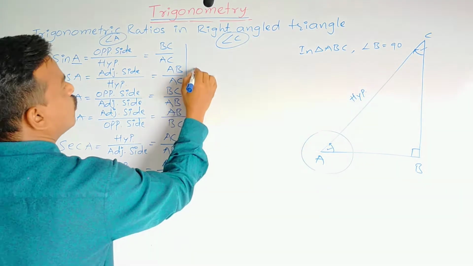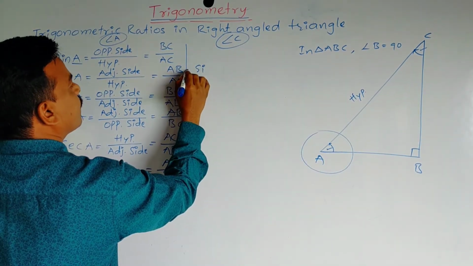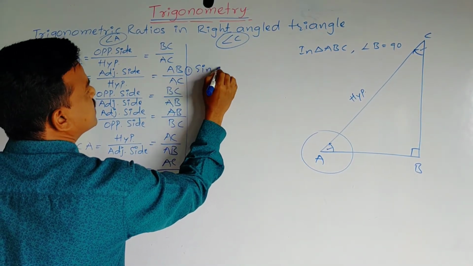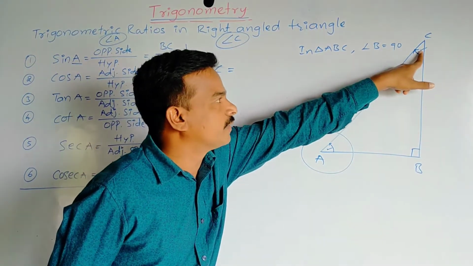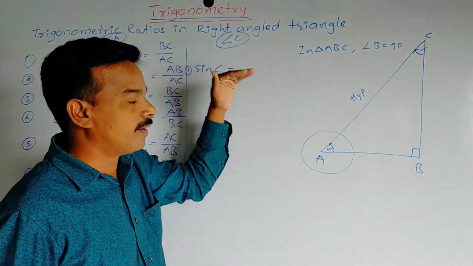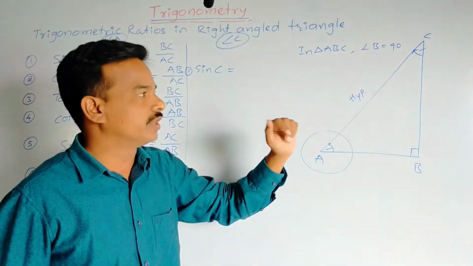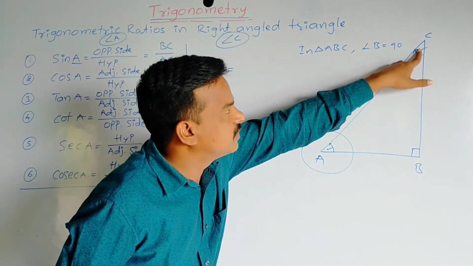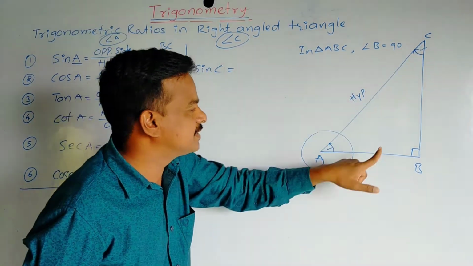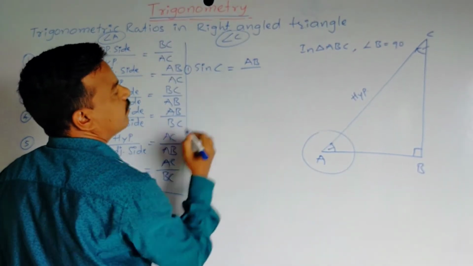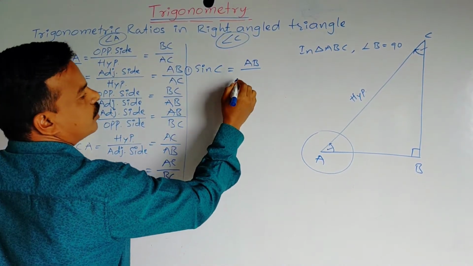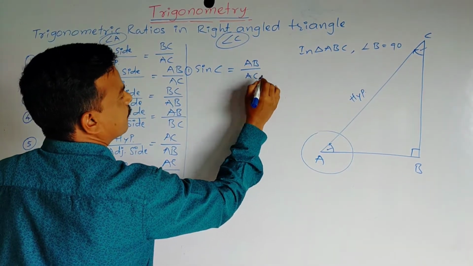First, sine C. The sine ratio is opposite side by hypotenuse. The opposite side to angle C is AB, so AB divided by hypotenuse AC.